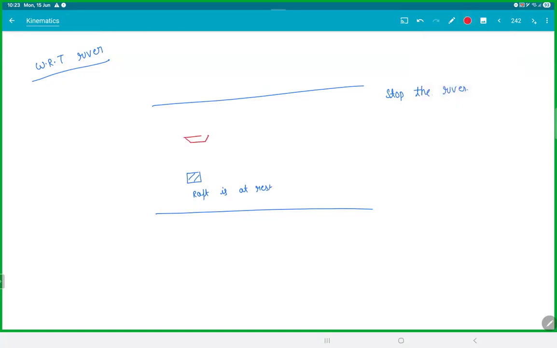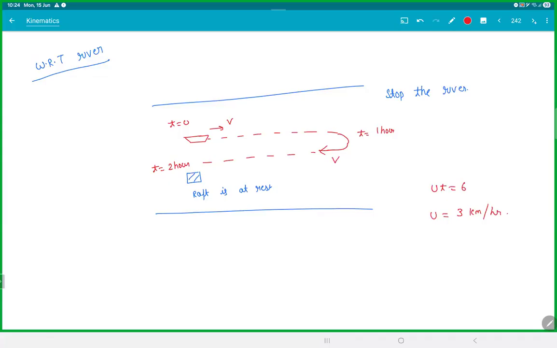The boat's speed was V, so you'll go down for 1 hour. Because the river is at rest, you will also go back with V. So this must be 2 hours: 1 hour to go down and 1 hour to come back. And then you know ut is equal to 6, and t is equal to 2, so u is equal to 3. Making sense?